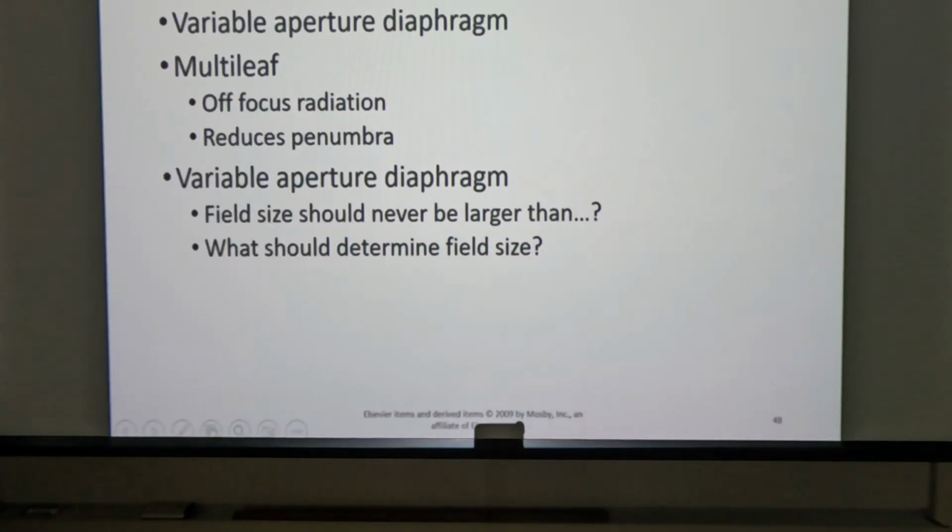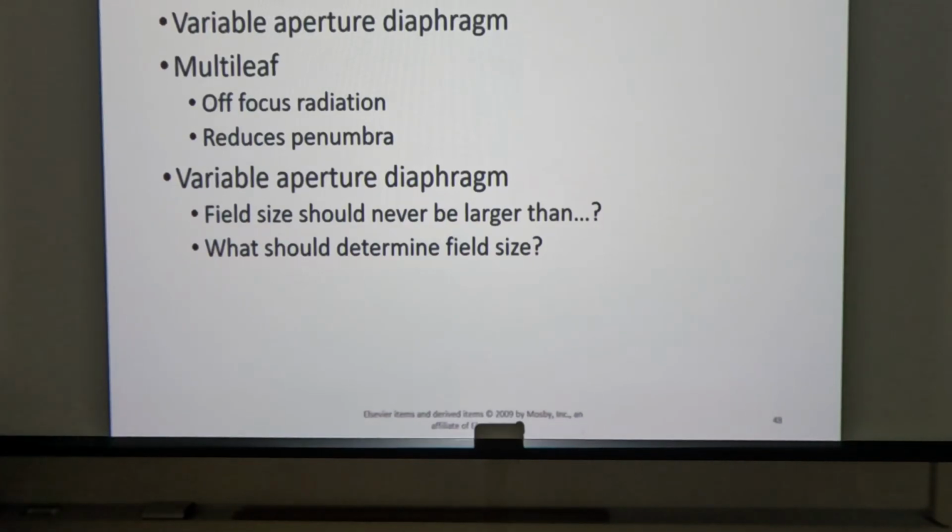Okay, so collimators. You'll see questions about collimators, your variable aperture diaphragm. And remember that there are two sets of collimators, and that is not two sets of shutters, right? You have a set of shutters, and that has two sets, altogether four shutters.